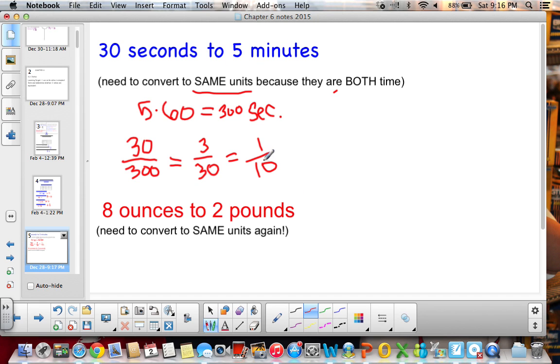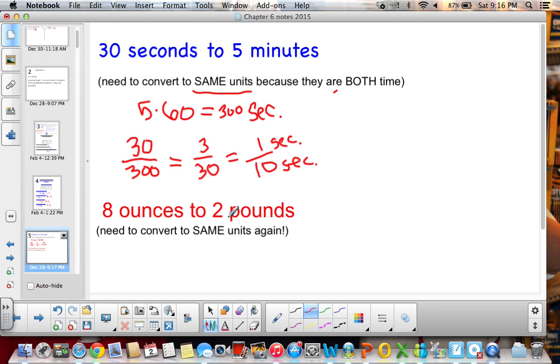So these both are seconds. So 30 seconds, if we took one of these seconds, it would be just 10 seconds of one of those minutes.